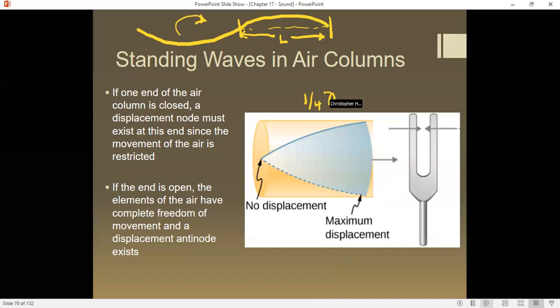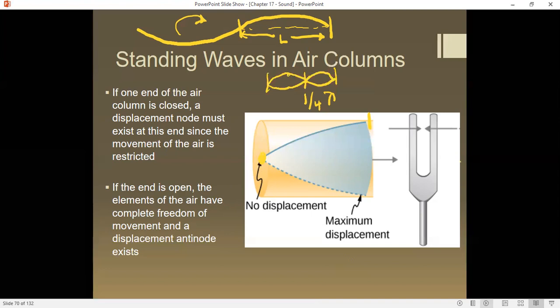That's because we have our displacement node at the closed end and an anti-node at the open end. If we allowed the wave to completely fold out, we would have the closed end, then the open end, then at twice the length of the tube we would get a half wavelength, and at 4 times the length of the tube we would get a full oscillation.